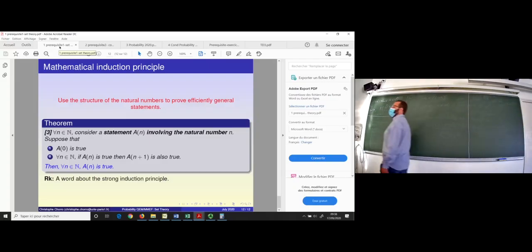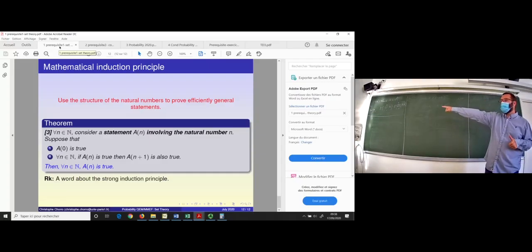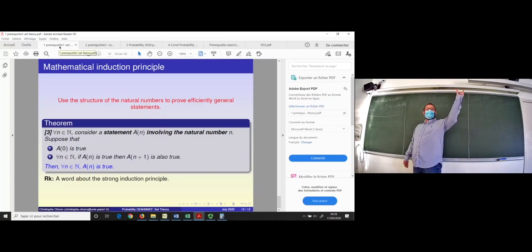The induction reasoning will allow you to do the same in 2 steps, simply. First, initialize the reasoning, that is, prove that my property is true for the first term, that is n equal to 0 in my statement. And then prove that if it's okay for n, it will be okay for n plus 1.